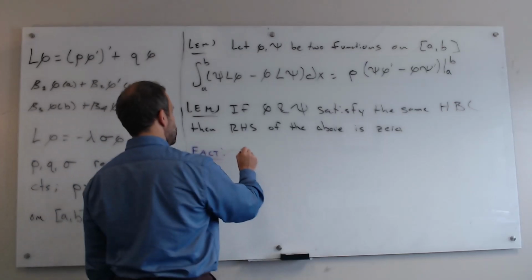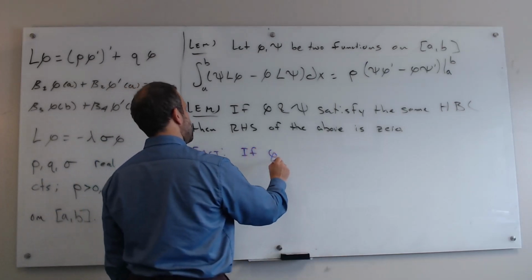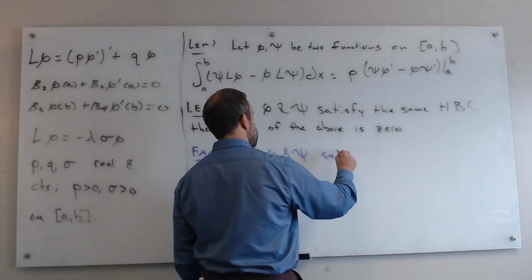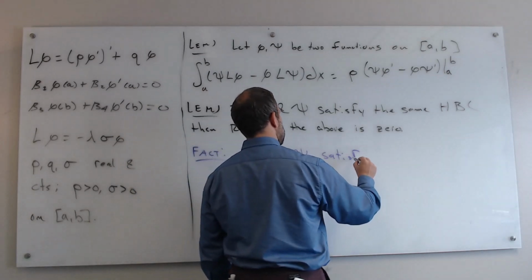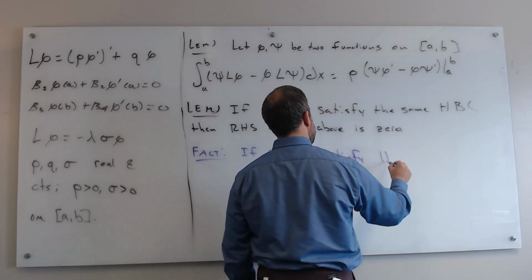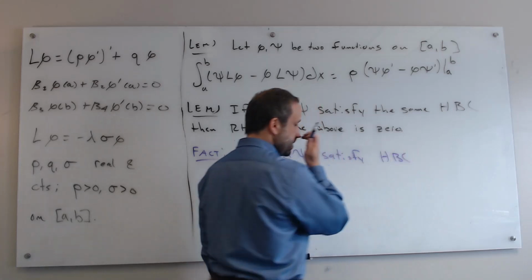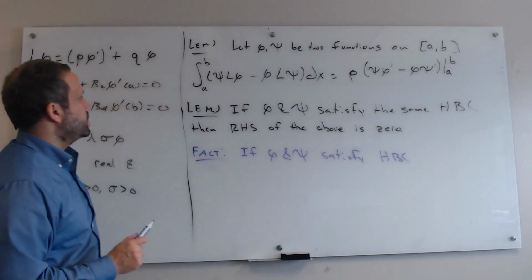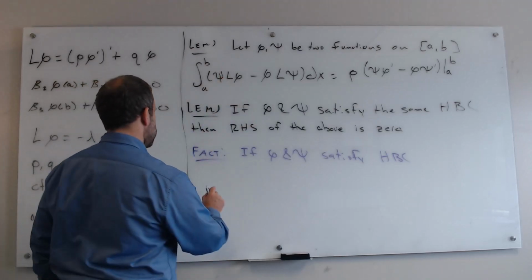If phi and psi satisfy the same homogeneous boundary conditions, then what do these two lemmas say? In conjunction with one another, what do they say?